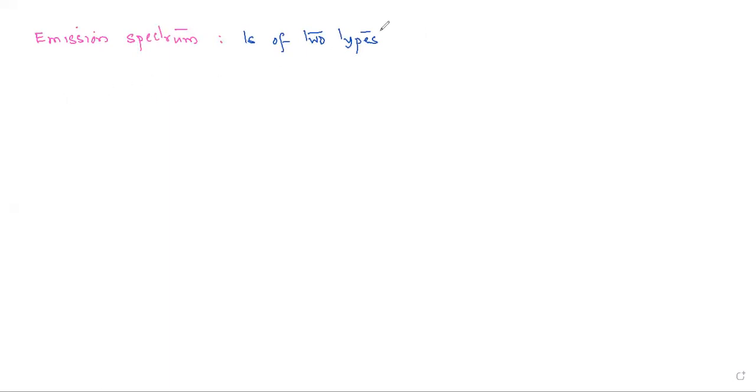The first one is continuous spectrum. Yes, the best example is what we have already seen, the rainbow, which is the best example.